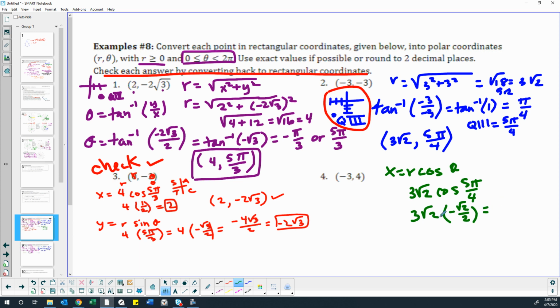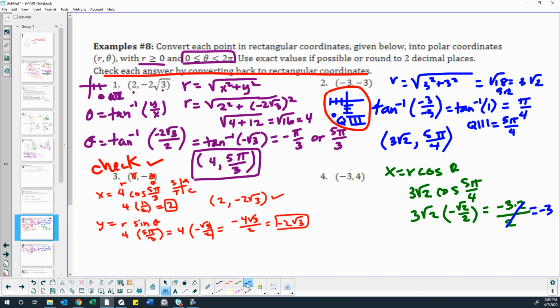So we're going to simplify that. 3 square root 2 times negative square root 2 is going to be -3 times 2, because square root of 2 times square root of 2 turns into 2. And then in the denominator, we still just have that 2. And then our 2's cancel out, so we're left with -3, which is our x coordinate.